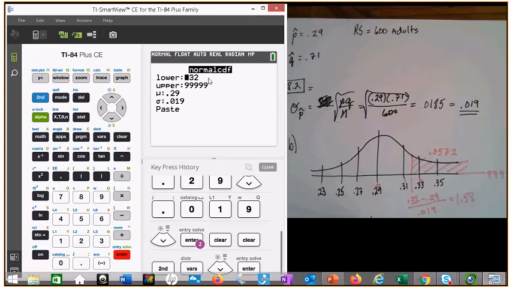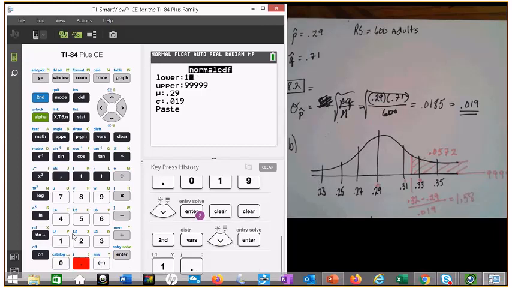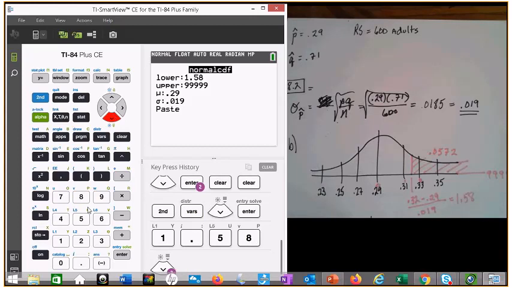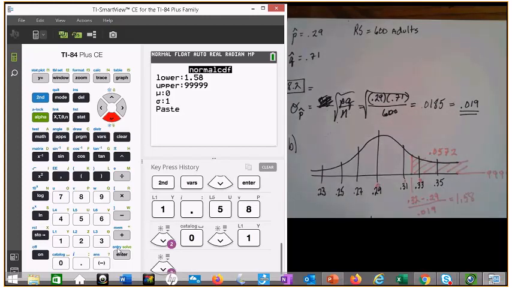It may just give you parentheses, and you type in parentheses 1.58 comma 9999. You don't have all this. So hit paste, and it should be the same answer.